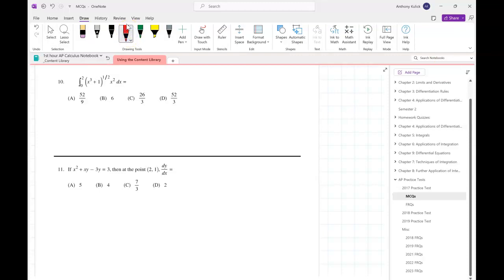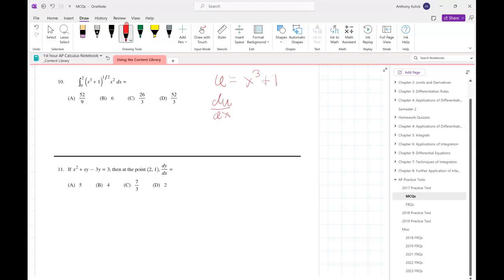Looking at 10, how do we do this kind of an integral? It's got to be a u sub problem, right? So what's our u? x cubed plus 1.